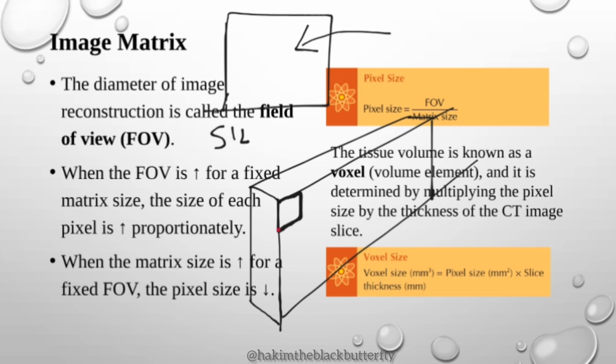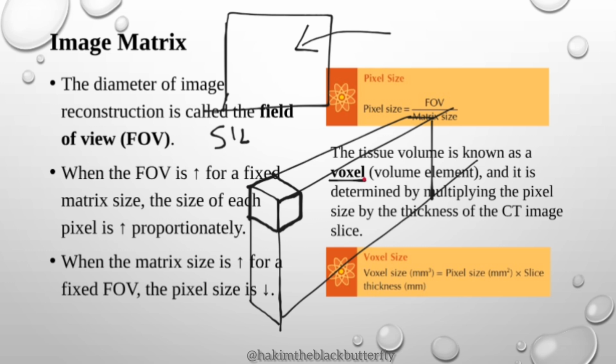But because a slice has a thickness, also the pixel has a thickness. And the name given to it with the thickness inclusive is what we call a voxel.